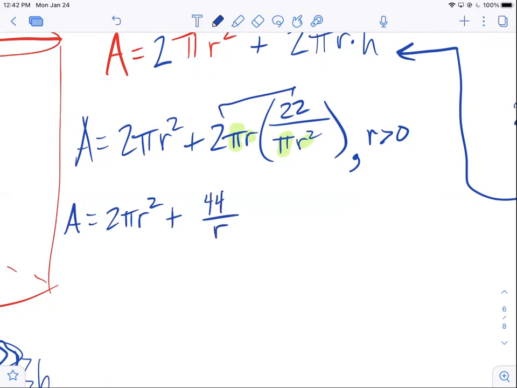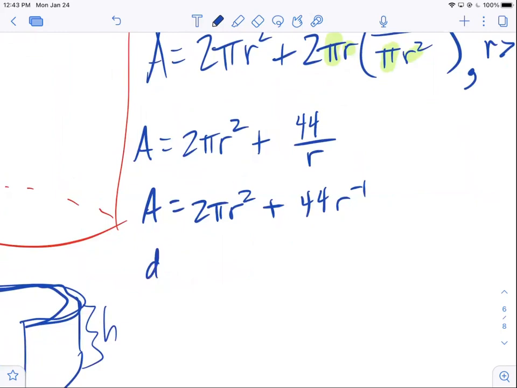That's what it simplifies to, or 2 pi r squared plus 44 r to the negative first. The top one gives me a nice formula for the surface area in terms of the radius that I can evaluate. The bottom one is in a nice format ready for differentiation.